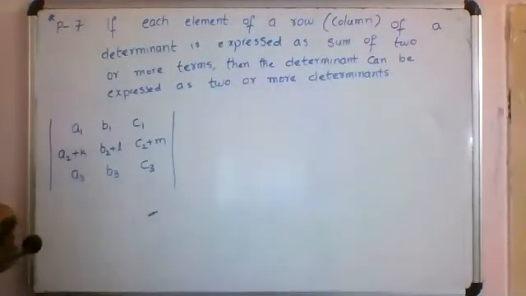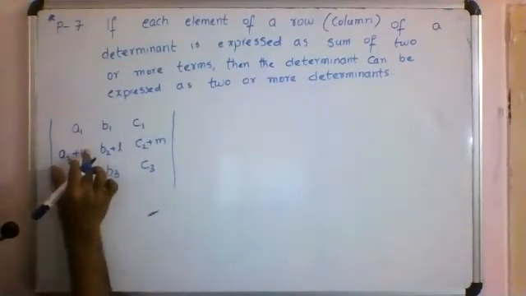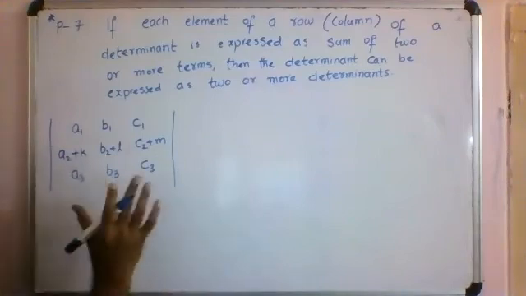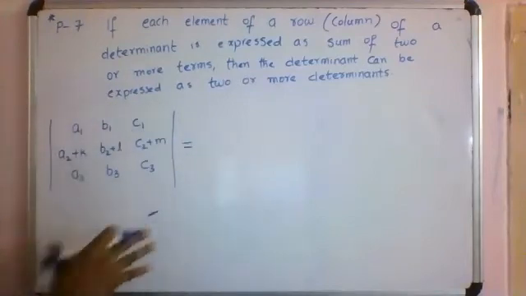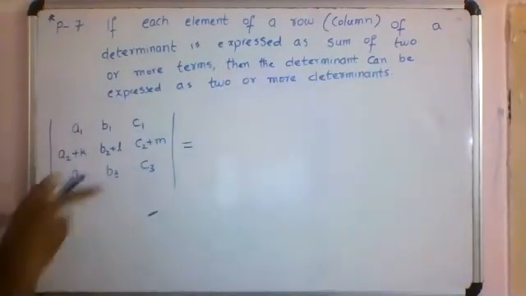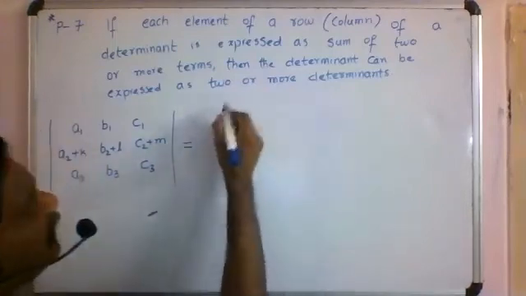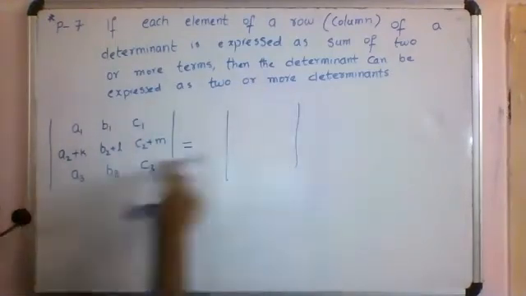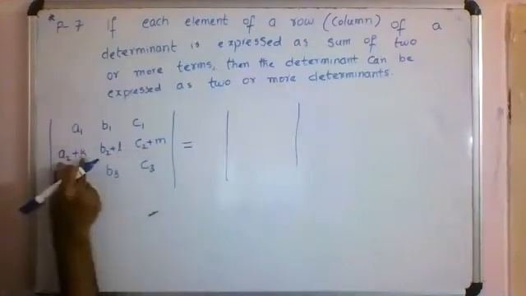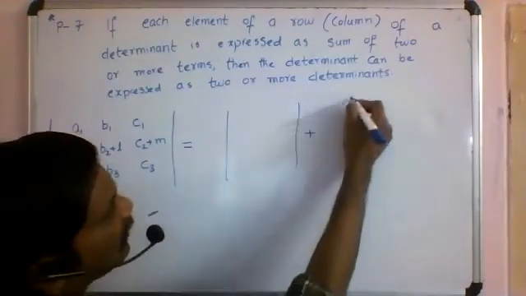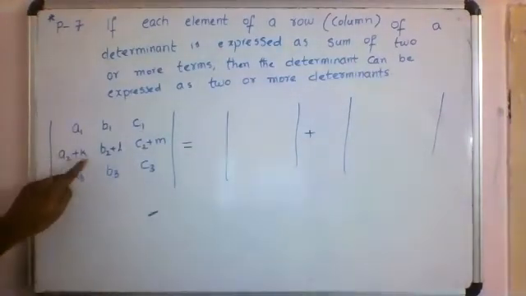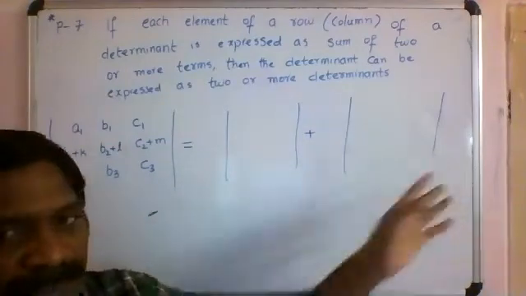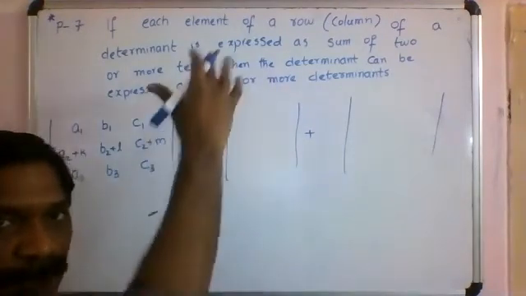If each element of a row or a column, any one row or one column, is sum of two terms or more terms, then this determinant can be expressed as sum of two determinants. Because here two terms are there, in each element we have sum of two terms, we can express the total determinant as sum of two determinants. If here I add three terms, I will get one more determinant also. That's what the property says.